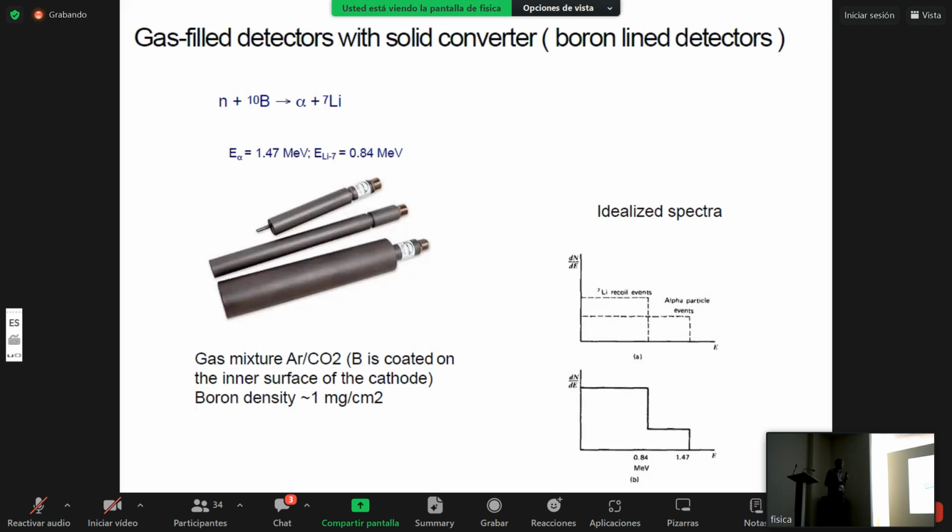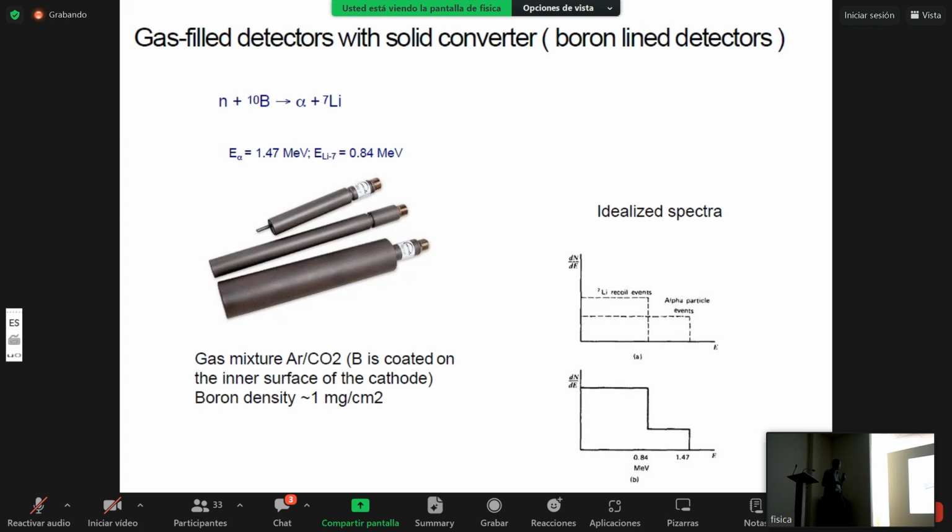You can coat the inner wall of your detector with this boron material, and use a typical proportional counter mixture, for example argon and CO2, and also detect neutrons.